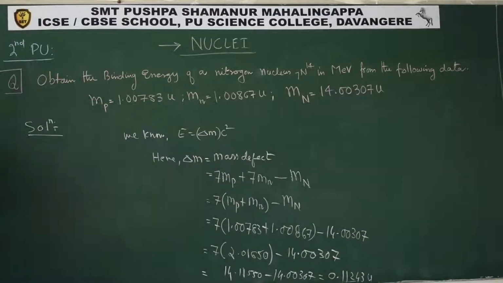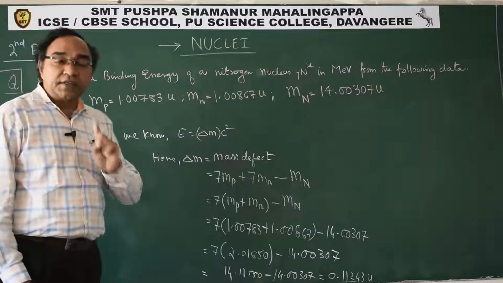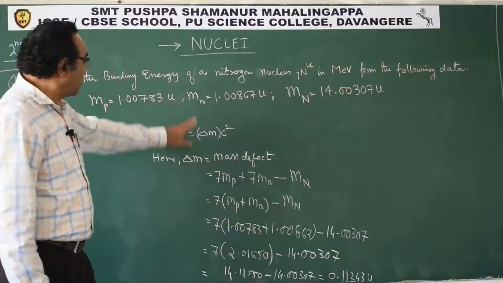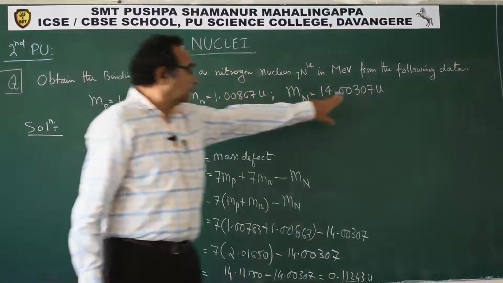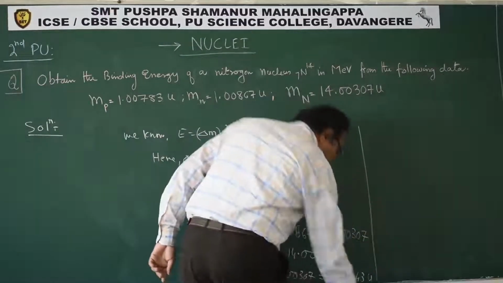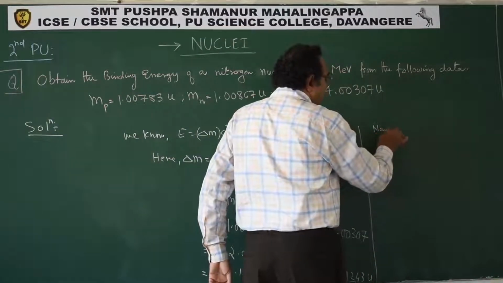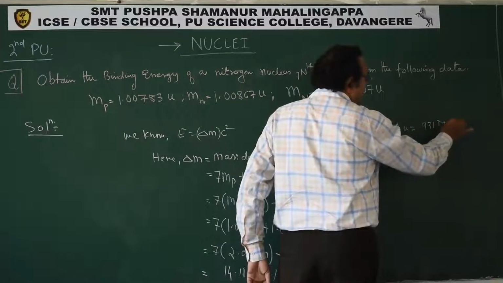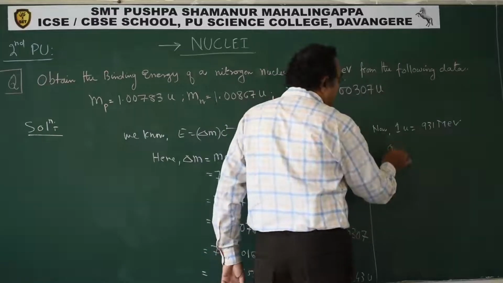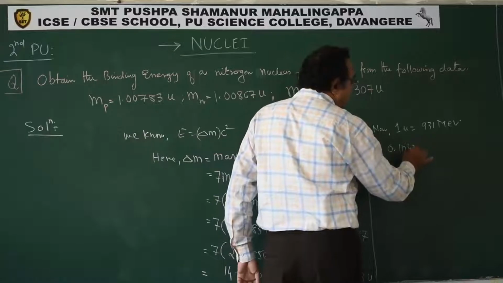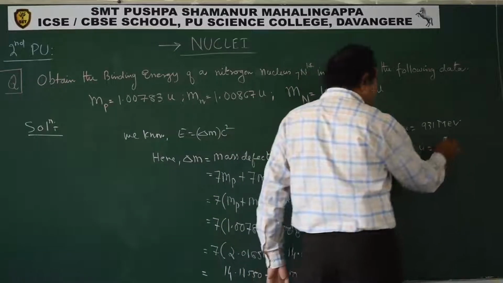Please understand this. This is very, very important. This is not in kg as we did in one of the previous numericals. This is in AMU because everything is in AMU. The small u represents AMU. So now what we can say? 1 AMU is 931 million electron volts. So this 0.11243 AMU will give us how much?